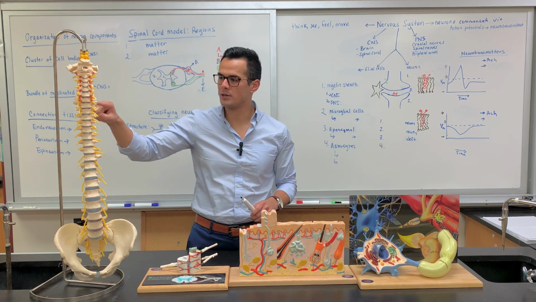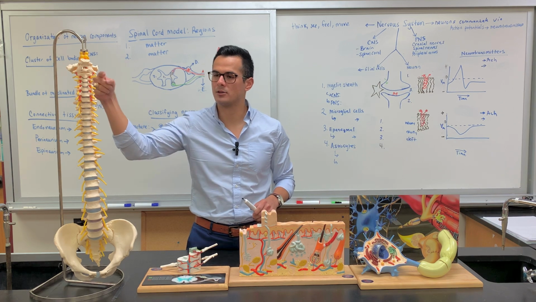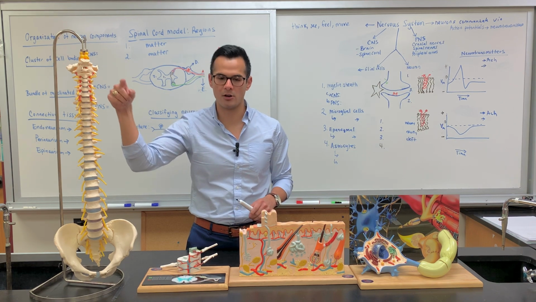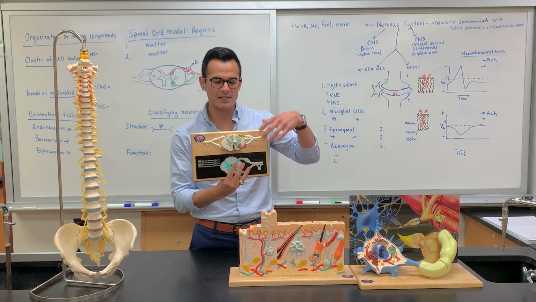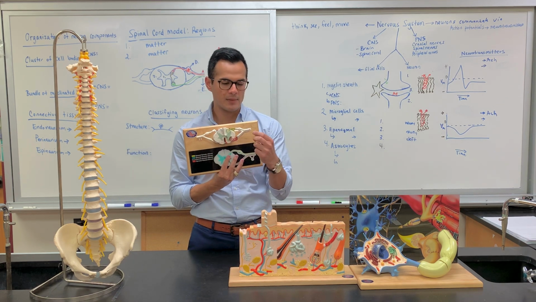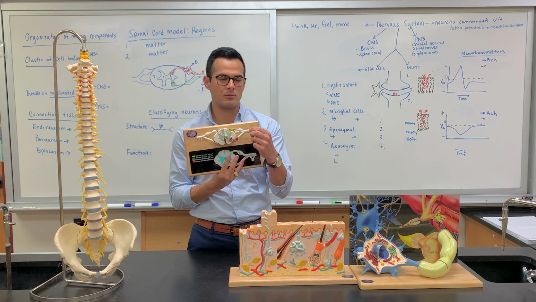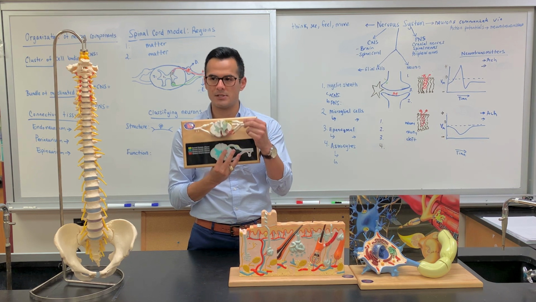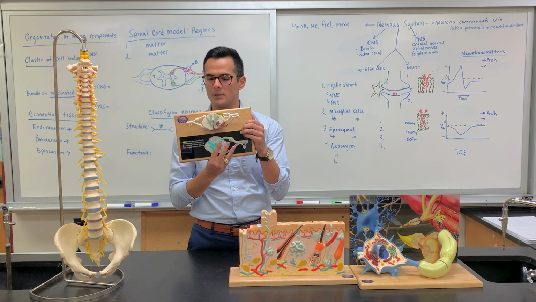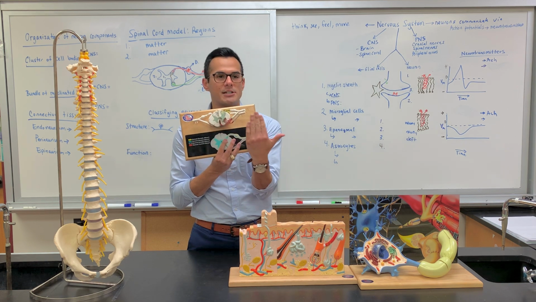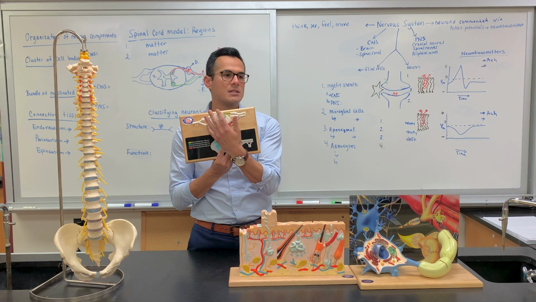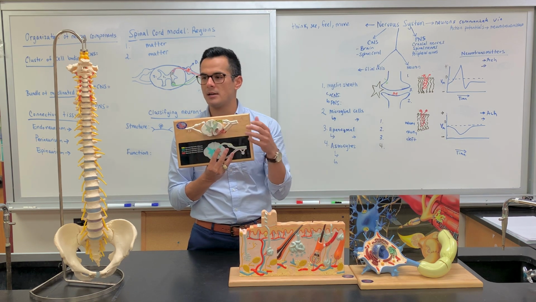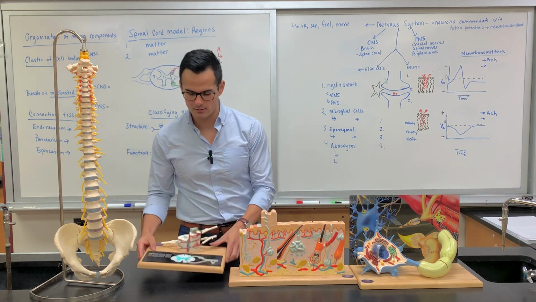The spinal cord is traveling down, and those spinal nerves are what's branching off. If we look at this model here, this represents the spinal cord, and these represent the spinal nerves. This is just a cross section of the spinal cord. We'll discuss some of the components on the inside, but we're just trying to get a basic understanding first.